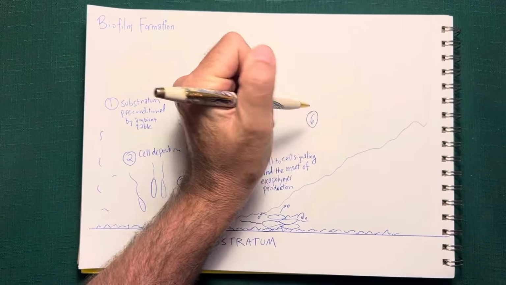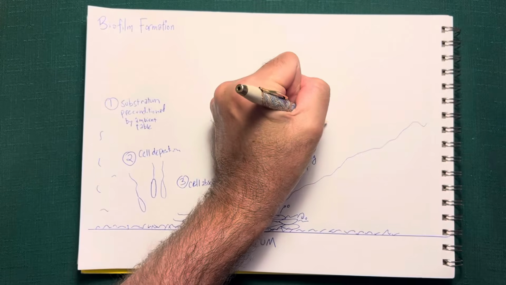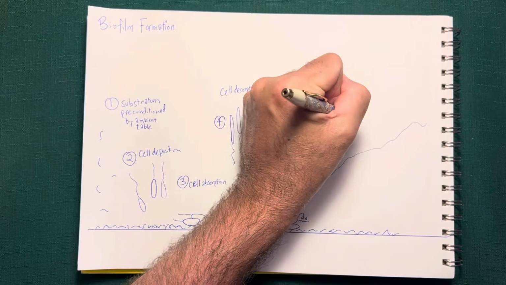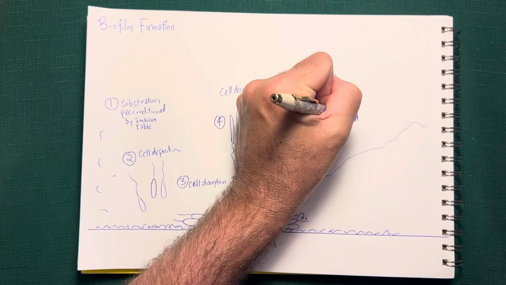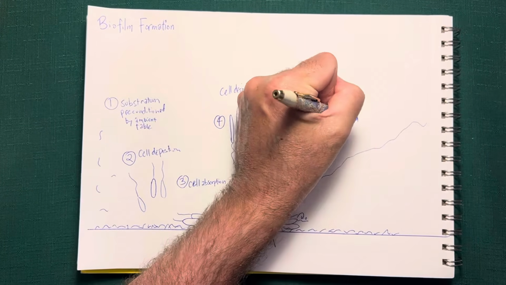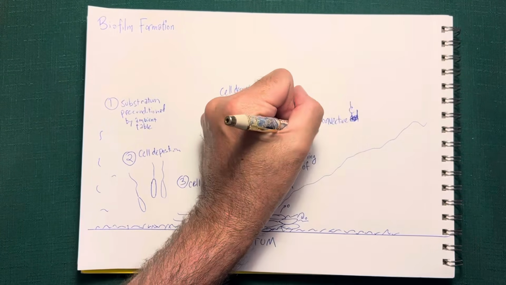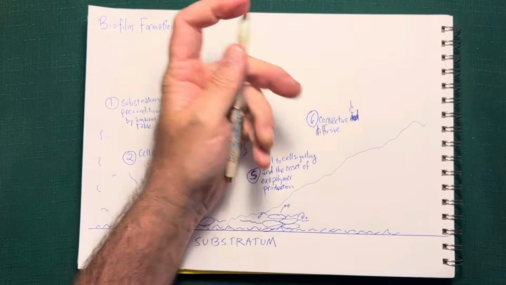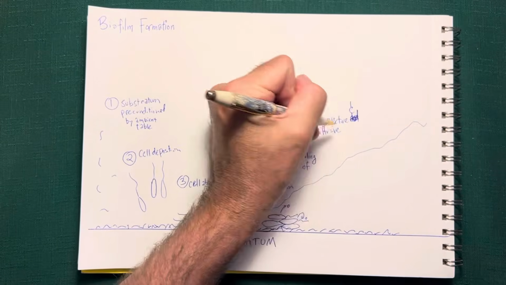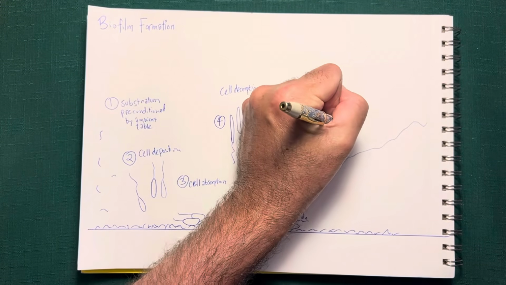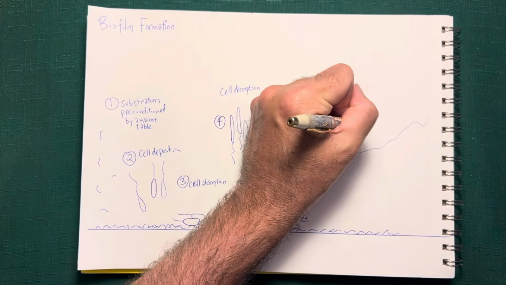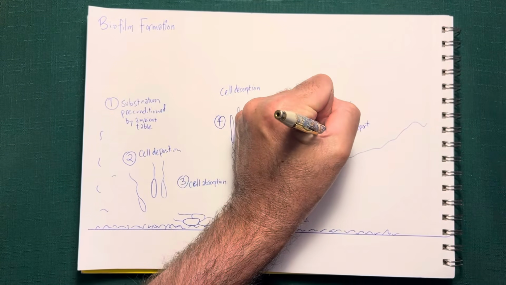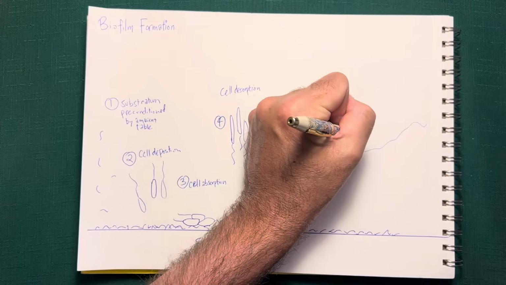Step 6, convective and diffusive transport of oxygen and nutrients.